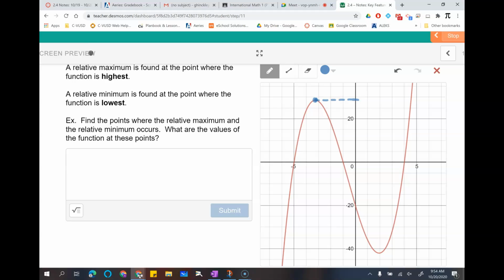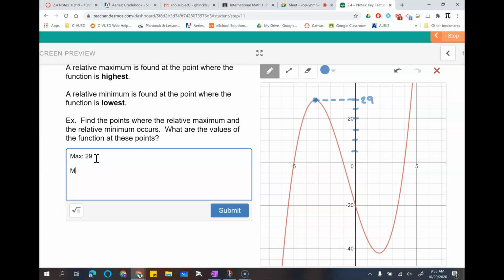It looks like I'm going by 5, so 5, 10, 15, 20, 25. So that looks like about maybe 28, 29. Looks to be pretty close to 30, so I'm going to say maybe that's 29. So I would say my maximum value is 29. So in my box here, I'd say max is 29.